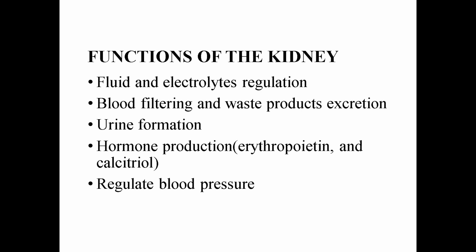Okay. Another function is urine formation. So urine is formed after filtering of waste products such as urea, creatinine, excess fluids, ions, and many more. So this will form urine. Okay. Hormone production. So the kidney also produces hormones like erythropoietin and calcitriol.